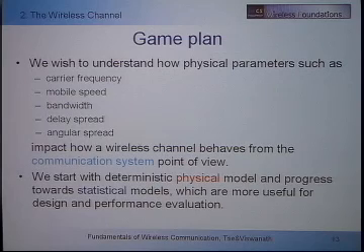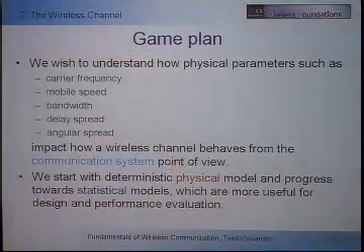Two, we want to develop a model so that we can use those models to do performance analysis and as a basis for designing new and cool ways of communication. So a model is very important for us. So that's the two things I want to accomplish in this first section out of 6 or 7 sections. I can't remember how many sections there are now.